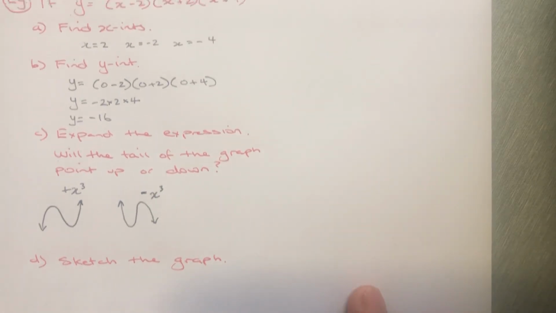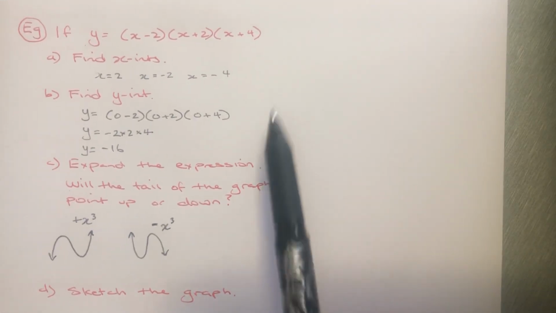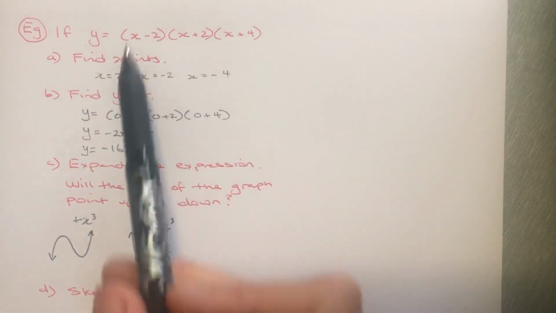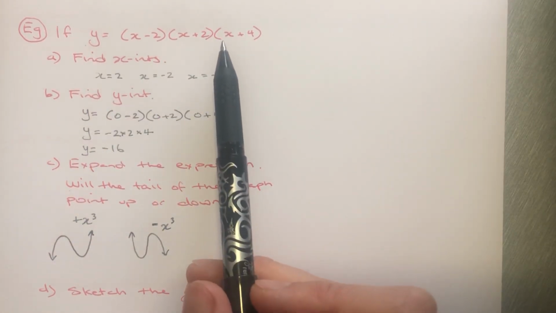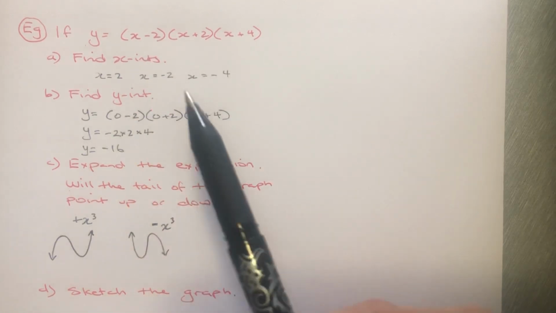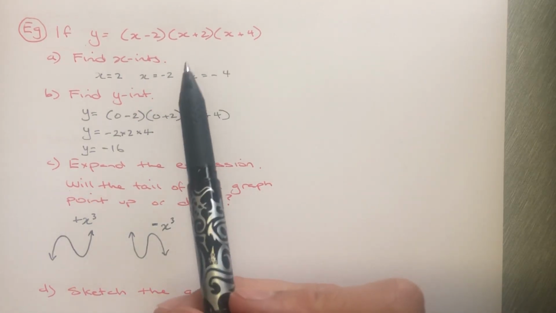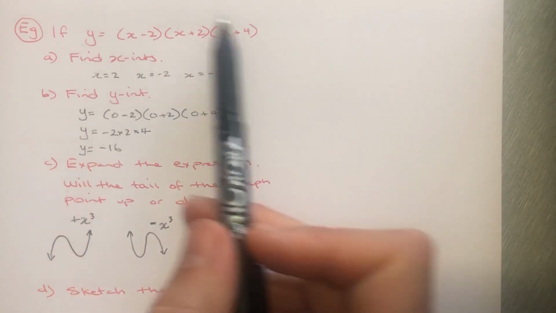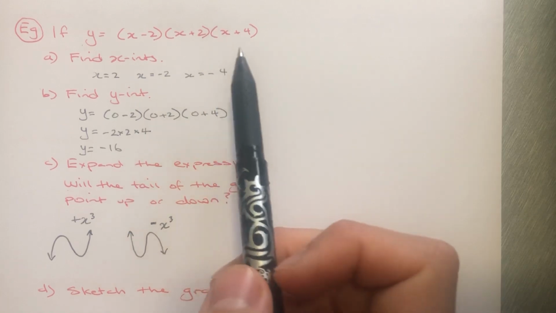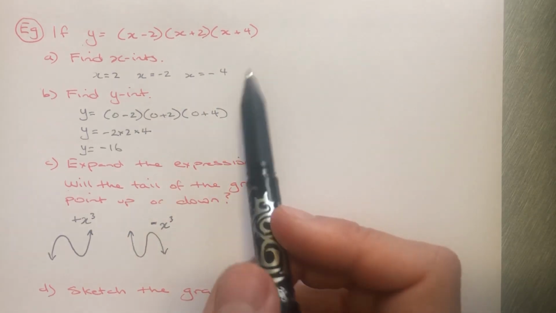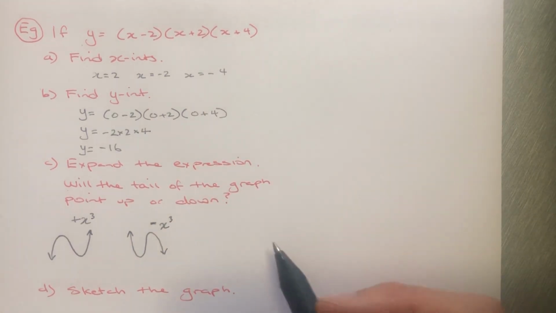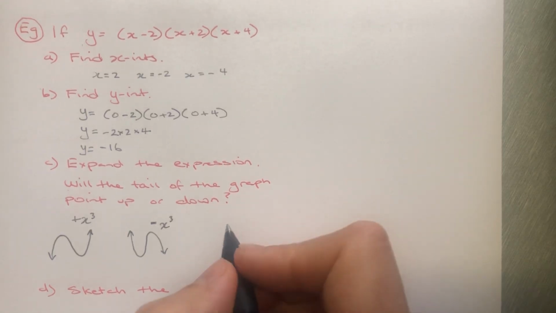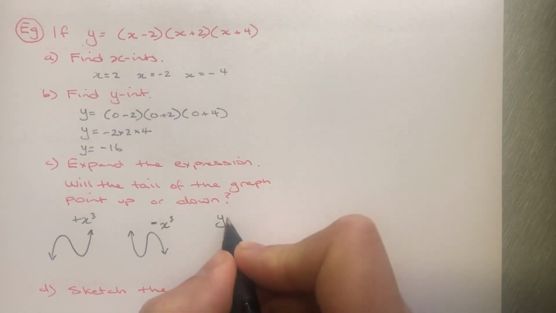Now we had a factorized rule just there. We can't exactly see what the coefficient is going to be when it's in this form. You could kind of imagine it, but just to make sure, we're going to expand this rule out and see what the coefficient of x to the power of 3 is. I'm just going to do it nice and quickly so the video is not too long.